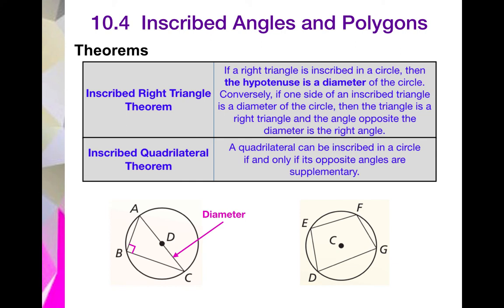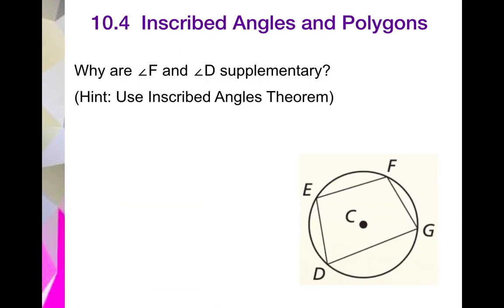The inscribed quadrilateral theorem says that if I have a quadrilateral inscribed in a circle, then the opposite angles are supplementary. F and D would be supplementary, E and G. So why are they supplementary?